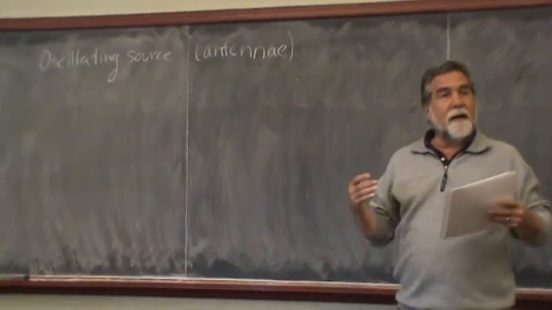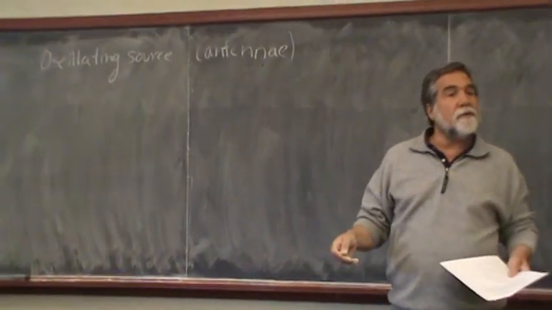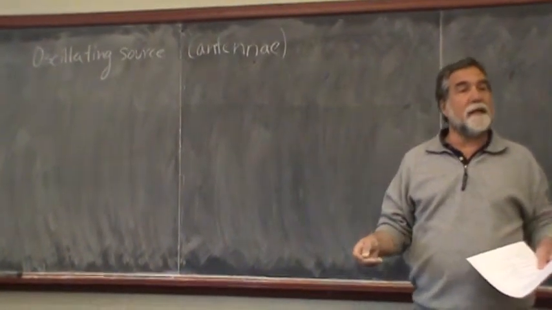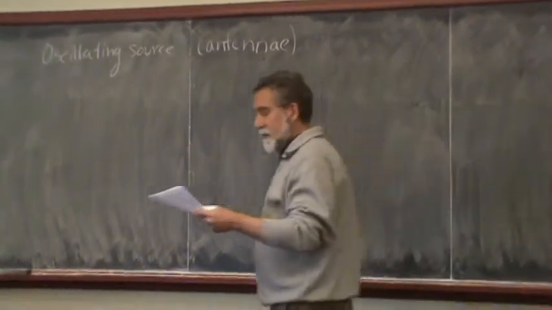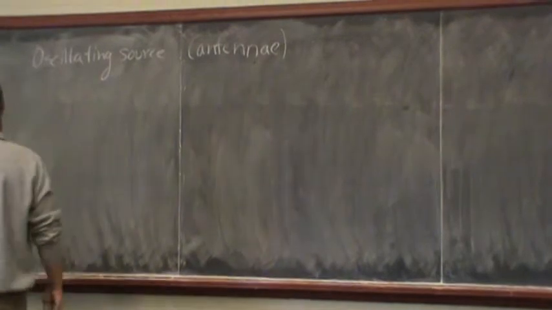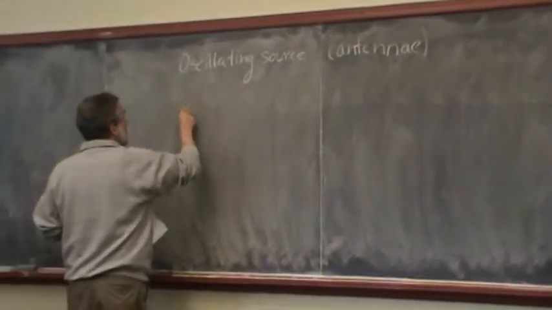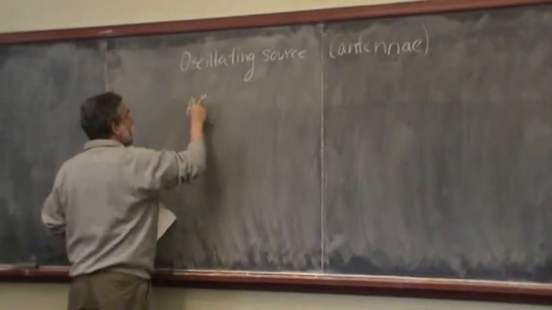But basically, we can just write down an expression for the vector potential and then calculate the electric and magnetic fields from the vector potential. Last time around I wrote this and we did the justification.